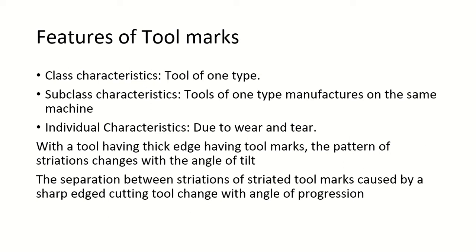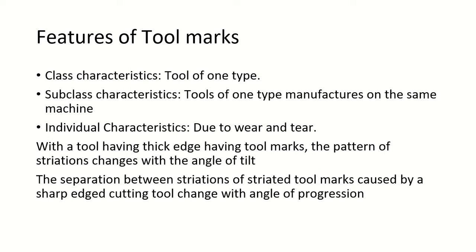Subclass characteristics: tools of one type manufactured on the same machine. So hammers produced by the same process or the same machine will be considered as having subclass characteristics. Individual characteristics are due to wear and tear. With a tool having a thick edge, the pattern of striation changes with the angle of the tilt.